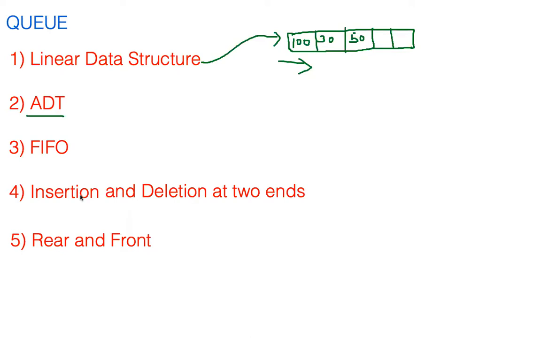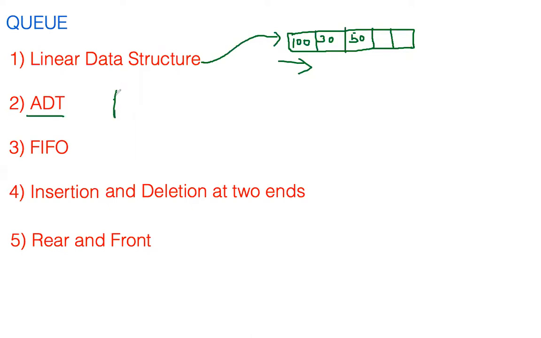Insertion means enqueue and deletion means dequeue. So we simply write enqueue with the given value, or dequeue, like that. Whenever we are writing that, we are not concerned about how we are implementing the queue.